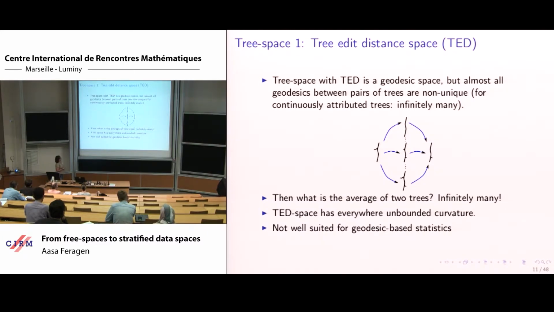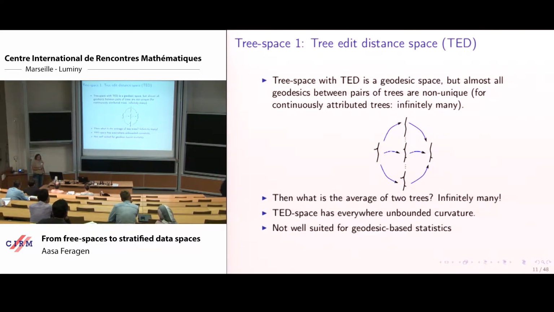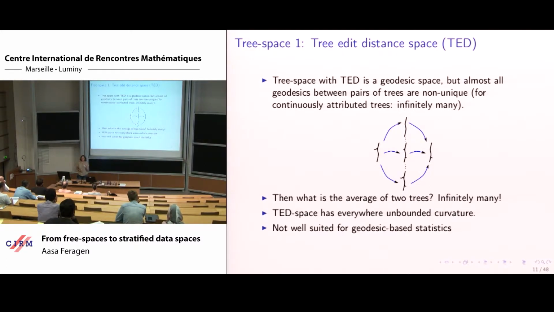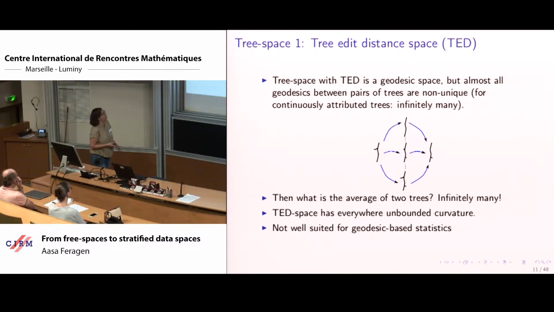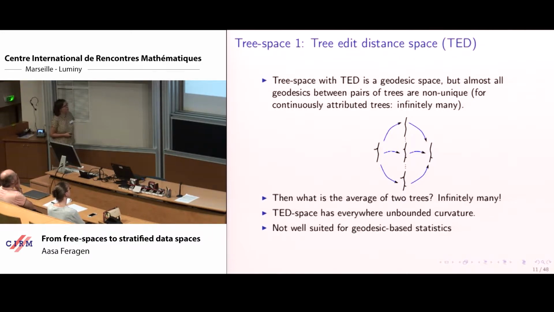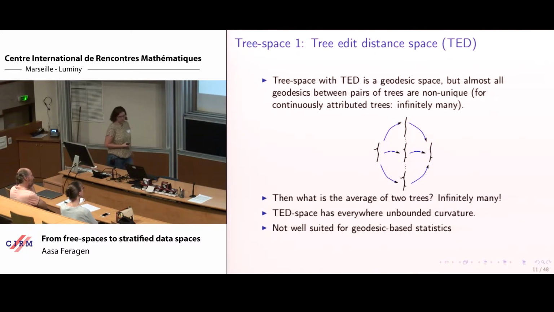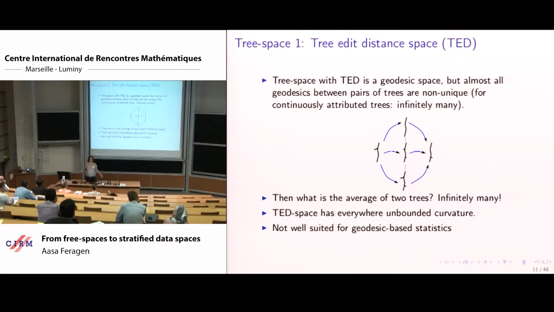Now you might say, I want more than two trees, so maybe it's not so bad. But if you think of it in terms of curvature, this means that the curvature of the space is going to be unbounded everywhere, because if you have bounded curvature, then for sufficiently close trees, you have unique geodesics. So if you don't have unique geodesics, your curvature is unbounded. This just means a lot of the tools that we use in manifold statistics are not going to apply in this case. Of course, you could go out and develop new ones, but that's not straightforward.